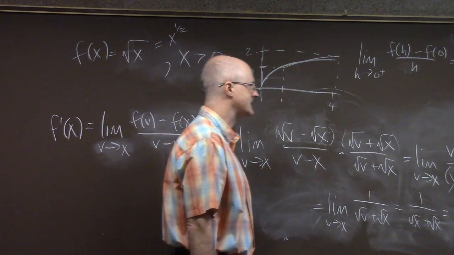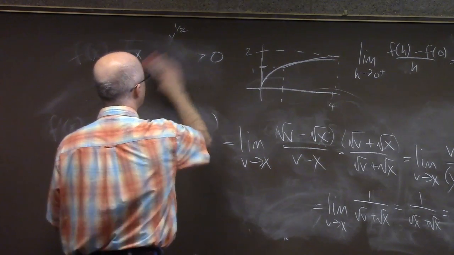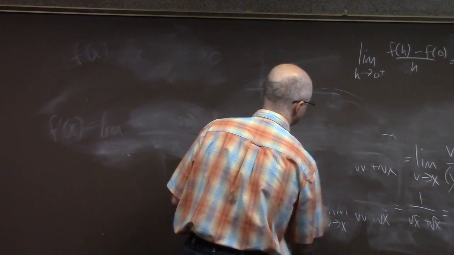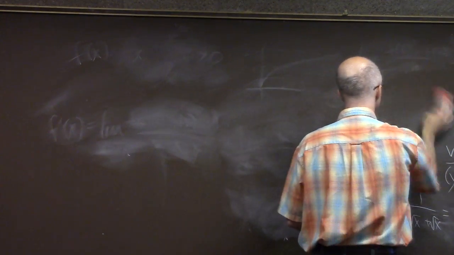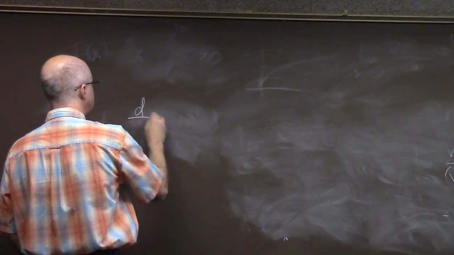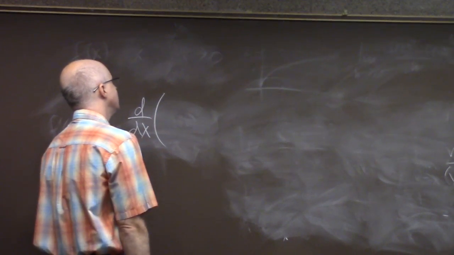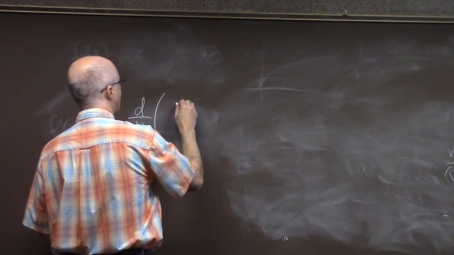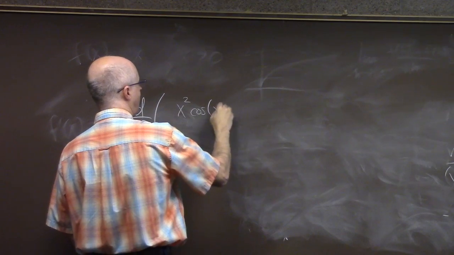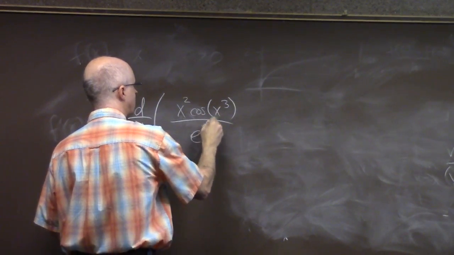All your derivative rules you should, of course, know. And they're all great things because they help us avoid limit calculations. So just as a review, what if you wanted to differentiate, oh, let's make it fairly complicated, x squared cosine of x cubed over e to the x squared.